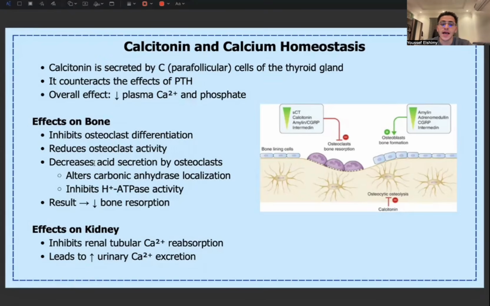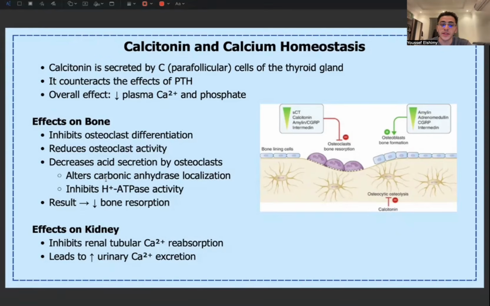It also decreases acid secretion by osteoclasts. So how does it do that? It alters the carbonic anhydrase enzyme. We mentioned that this enzyme is really important for the production of hydrogen ions, and hydrogen ions are acidic. So by altering this enzyme, it would lead to decreased acid secretion.